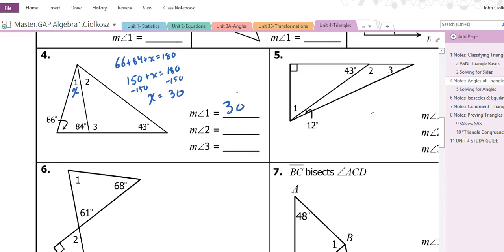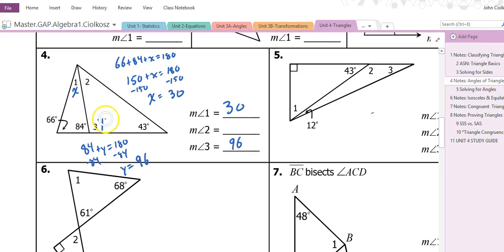Now, let's think what we could find here. Well, let's look here at angle 3 next. These are on the same line. So anytime you have 2 angles here on the same line, they need to add up to 180. So you could do 84 and 3, I'm going to call my y here. Set it equal to 180. 96.